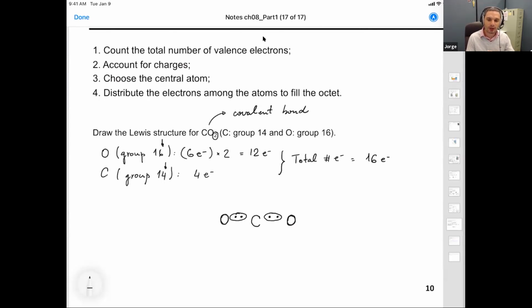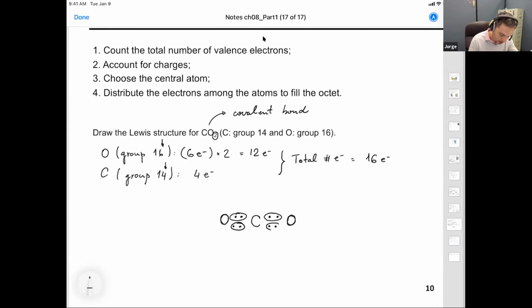However, if oxygen needs to get 2 electrons to achieve stability, each single bond will bring an extra 1 electron. So that's not enough. Therefore, oxygen will make another extra bond with carbon. So now we are bringing 2 electrons to the oxygen, and that will be enough.